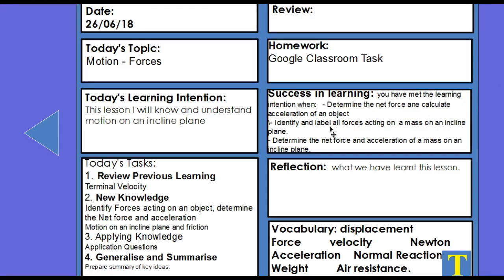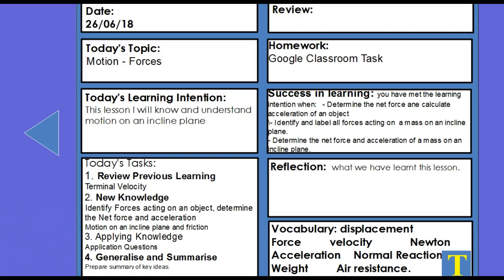Nicely done. So for what we're going to continue on in this lesson, we want to now extend our ideas to motion of an object on an inclined plane. We're going to look at the forces acting on an object on the inclined plane and determine the net force, and then determine the acceleration.